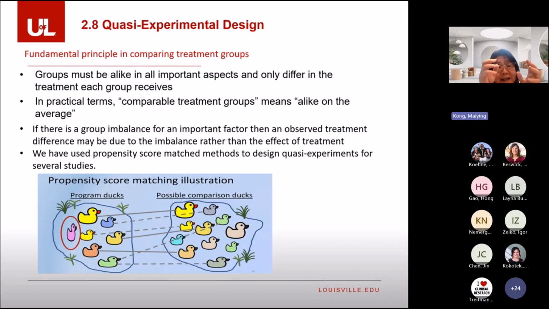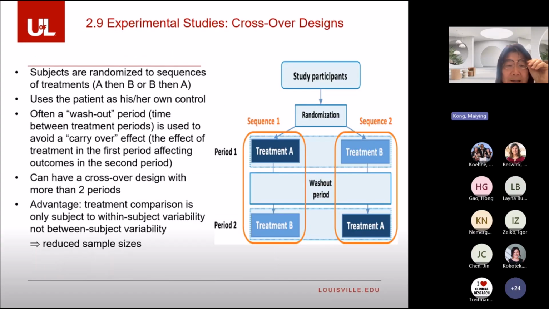For each subject in the treatment group, find the control which is similar to the treated subject. Eventually, we find a subgroup of patients from the control group which is similar to the treatment group. Then we compare these two groups. So this is the quasi-experimental design.